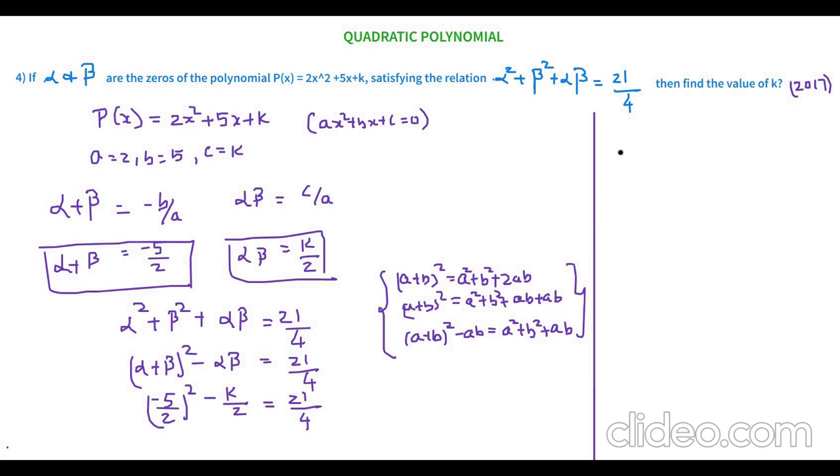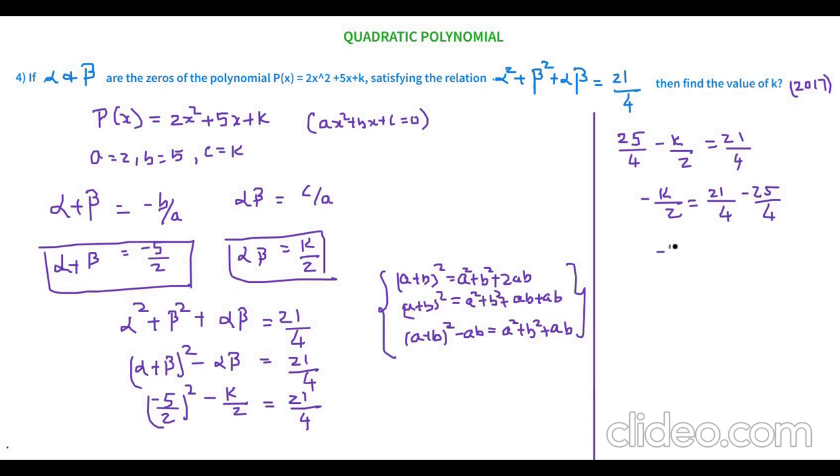Minus 5 by 2 the whole square will become 25 by 4, minus k by 2 equals 21 by 4. Now I'll bring this 25 by 4 to the other side. So negative k by 2 equals 21 by 4 minus 25 by 4.